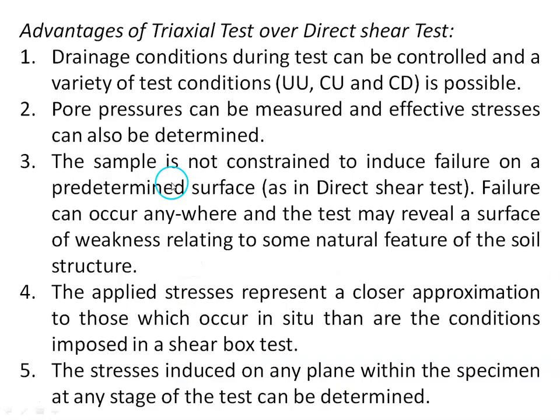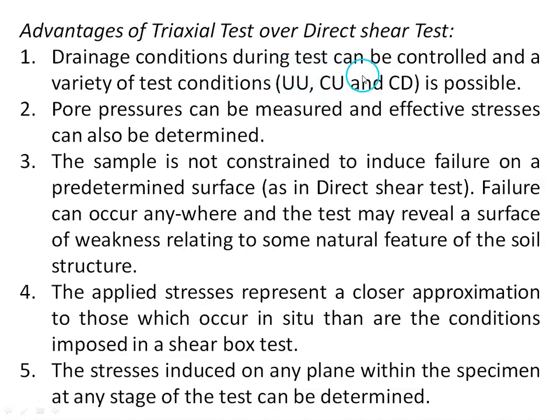So what are the advantages of the triaxial test over the direct shear test? Here the drainage conditions during the test can be controlled, and a variety of test conditions is possible. Then pore pressure can be measured and effective stresses can also be determined. If pore pressure is measured, then the UU and CU tests can be represented as UU bar test and CU bar test.